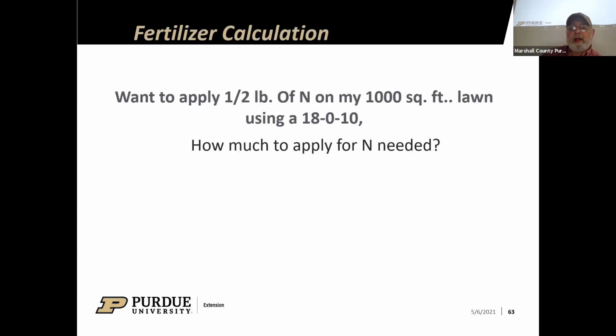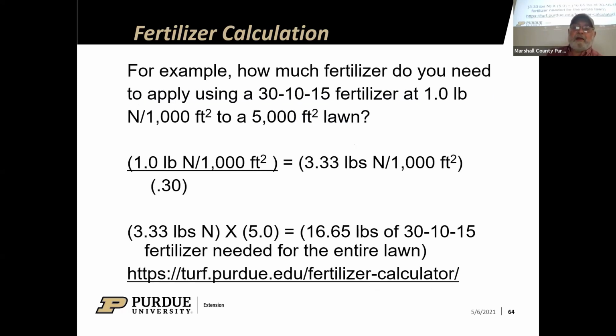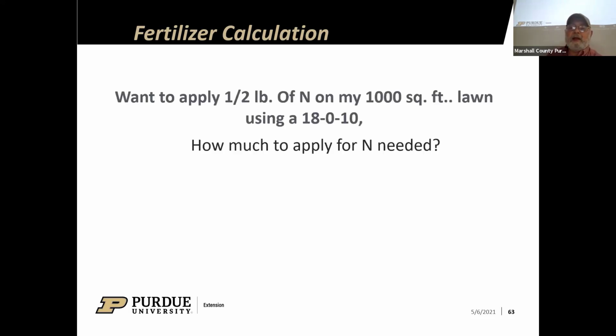So if I want to apply a 1/2 pound of nitrogen per 1,000 square feet using an 18-0-10 product, the math would be to know how many pounds we need to apply. 18% of 1 pound would only be 0.18.